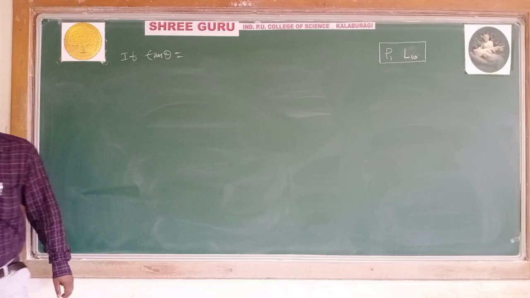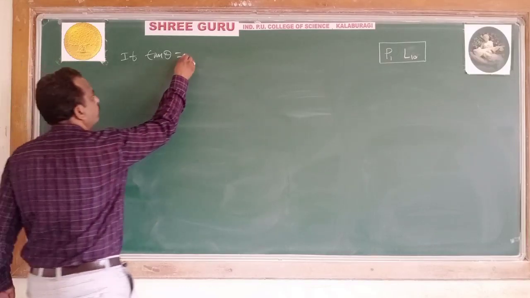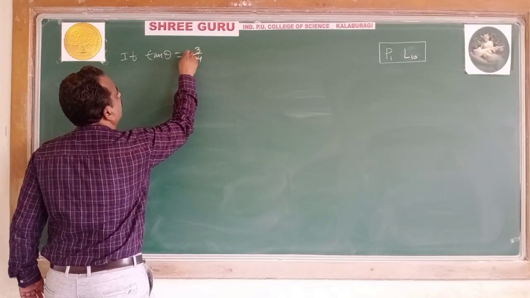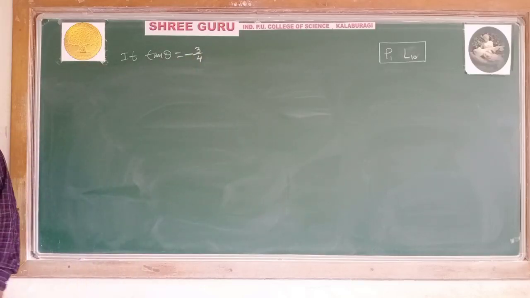If tan theta is equal to minus 3 by 4, negative it is.